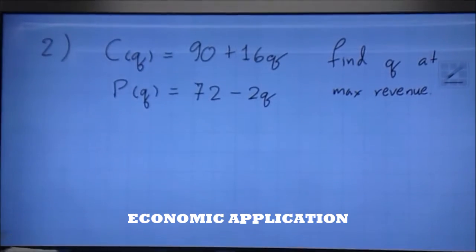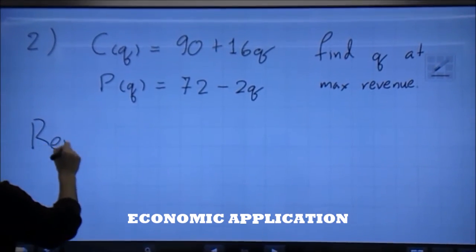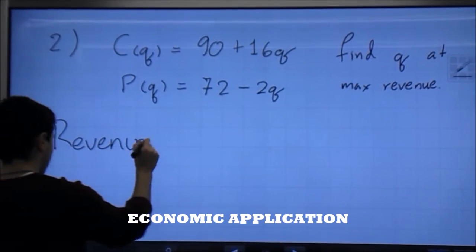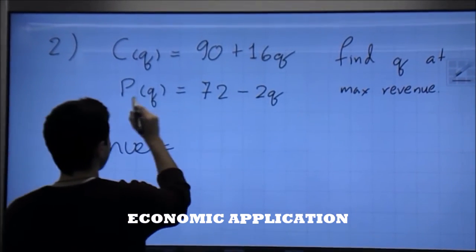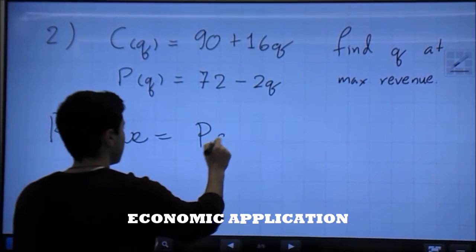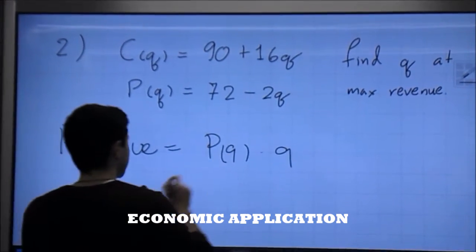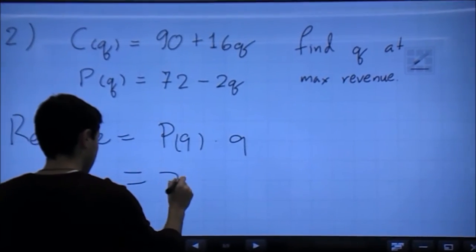In this case, we have to first calculate the revenue, which will be equal to this equation, which is the demand, multiplied by the quantity, which in this case will give us the following.